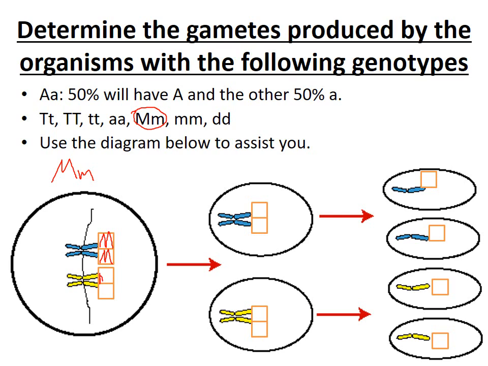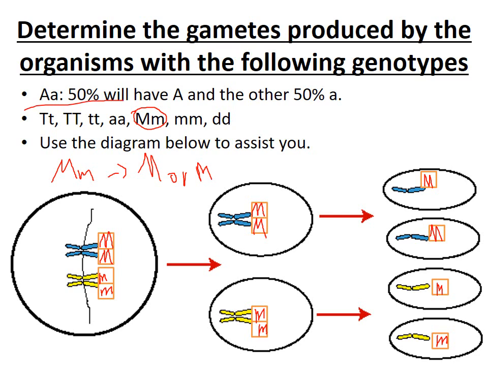And the other one has little m on it. Keep following that through. The blue one went in one cell, big M. The yellow one went in the other cell, little m. Then the sister chromatids separate, so we have big M over here and little m over here. So that means we have the gametes that are possible, big M or little m, for the heterozygous individual.